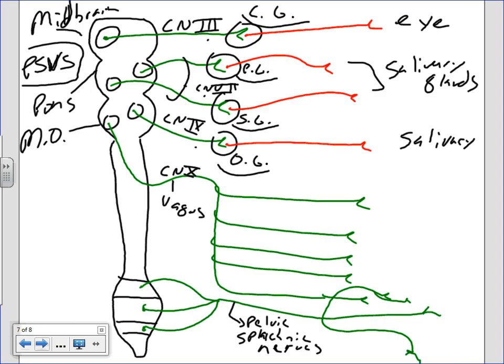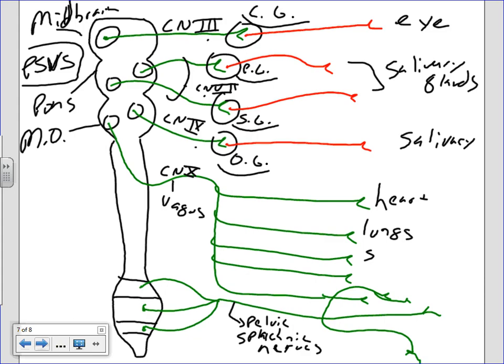The vagus nerve is by far the largest and most far-reaching cranial nerve. In fact, it's the only cranial nerve that branches out outside of the head, neck, and upper shoulder area. It goes down and innervates the heart and the lungs, so it influences activity of the heart, and the lungs, more specifically the bronchioles.